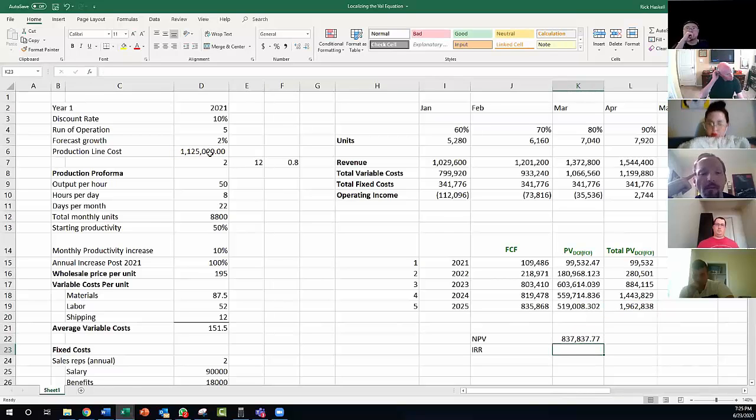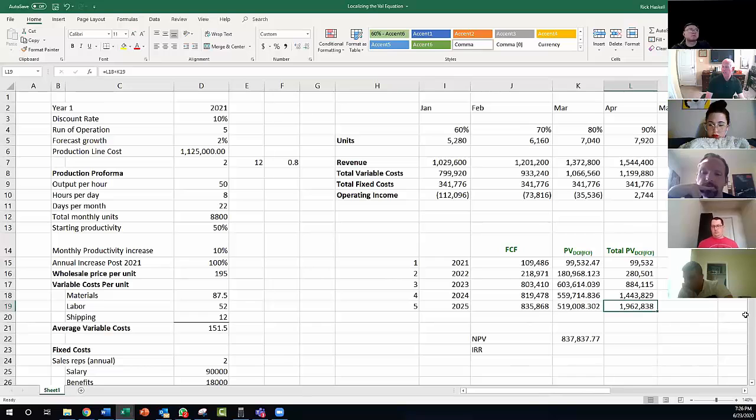So Carol, with a net present value of $837,000 based on an investment of $1,125,000, what can you tell me about the internal rate of return? Is it negative then, since you invested more than what it's worth right now? Well, I think the present value of the benefits is $1,962,000, which is meaningfully greater than the present value of the cost, right?